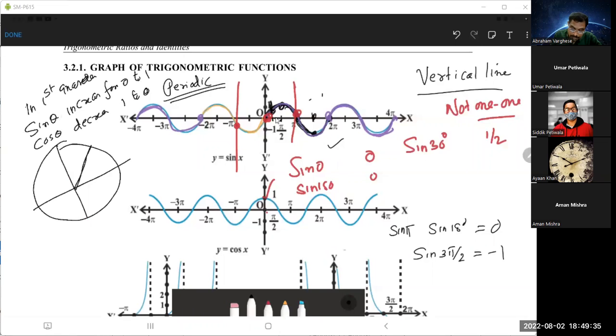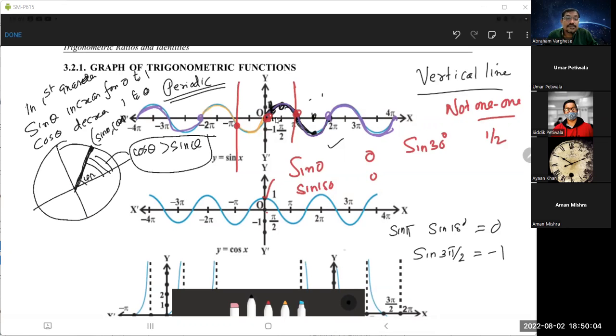At one point, they will meet each other. Both values will be the same. That is at 45 degrees. Sin theta and cos theta will be the same. Therefore, in the region 0 to 45 degrees, cos theta will be more than sin theta. It is a very important observation we need for competitive questions.